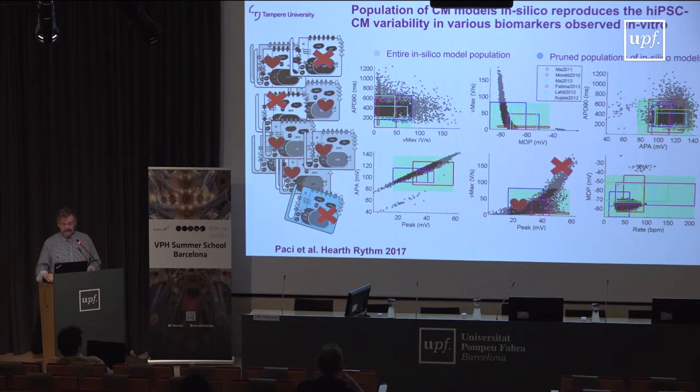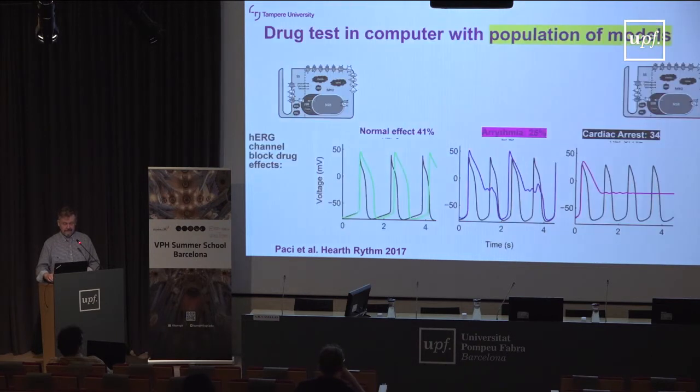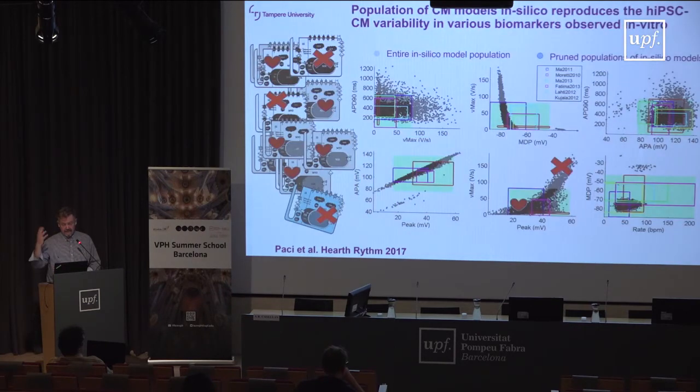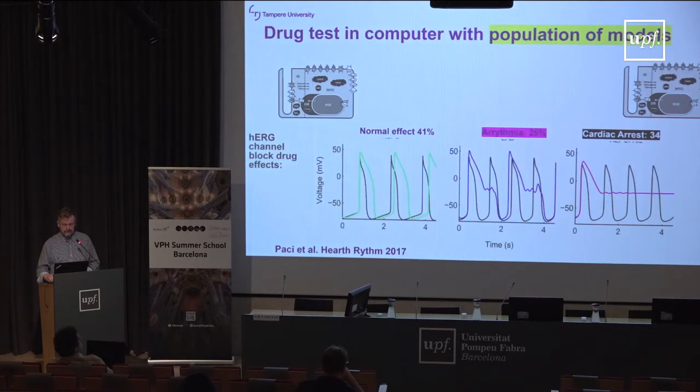So we get rid of all those that are gray, and the black ones are what we used. And when you start using this, there's one example of what we could try now: in silico drug test.